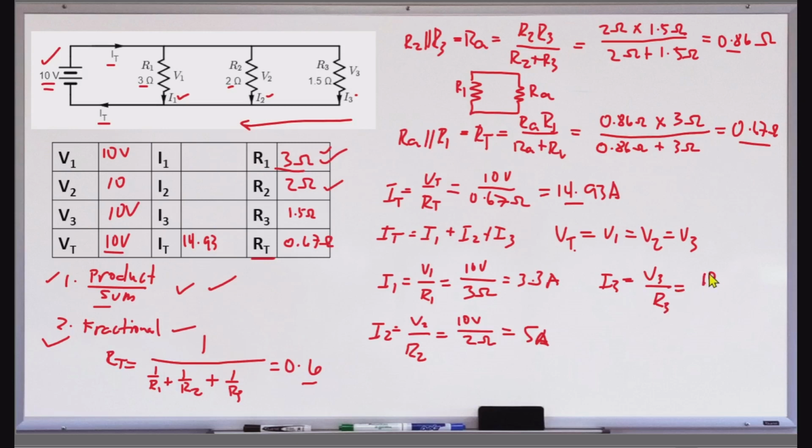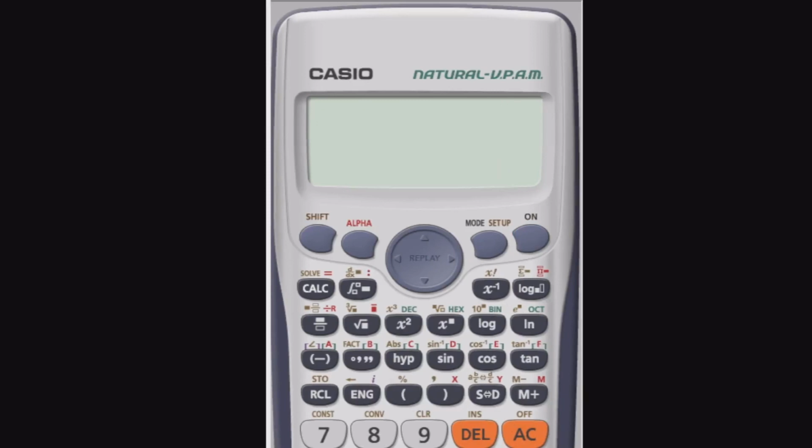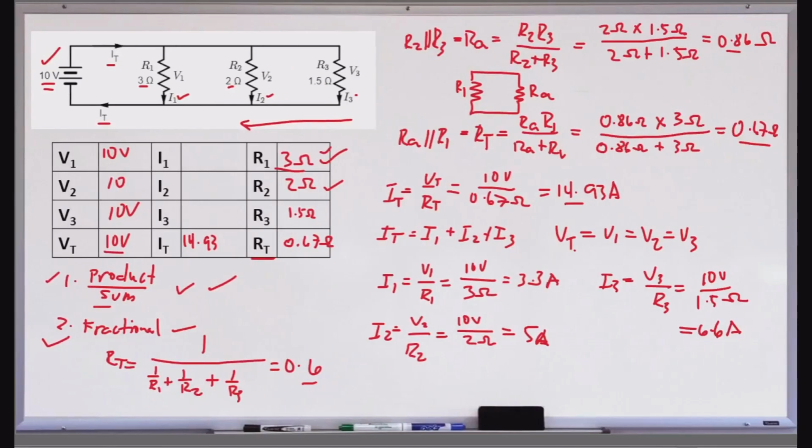That is going to be 10 volts divided by 1.5 ohms. So let's use our calculator again. 10 divided by 1.5, and that is going to be 6.6. So let me write it down here, 6.6 amperes. By the way, this is the computed value for I3.